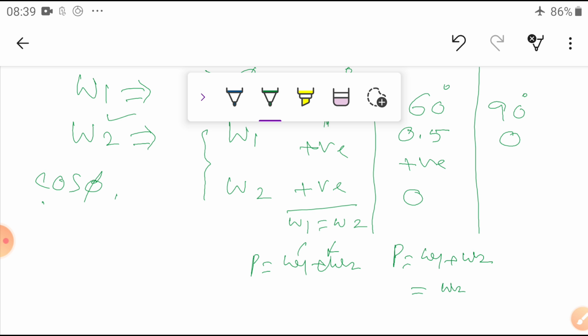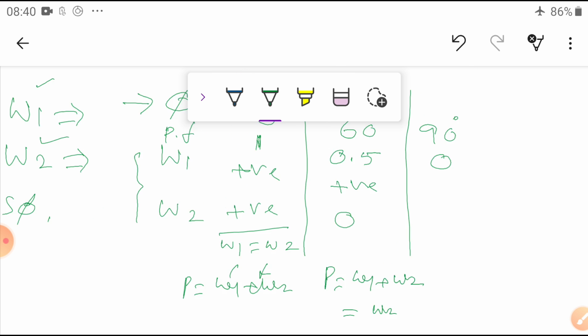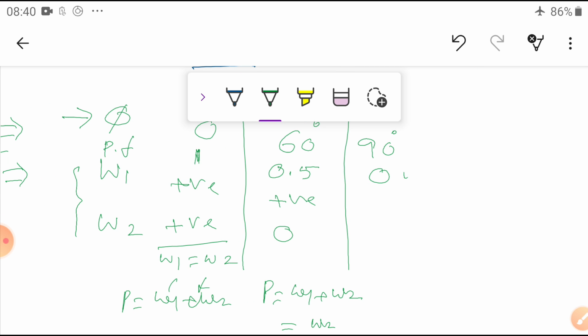For example, at power factor equal to 0, that means the phase angle between the voltage and current is 90 degrees. At that condition, one wattmeter W1 shows a positive reading and W2 will show a negative reading. It will go in the reverse direction.